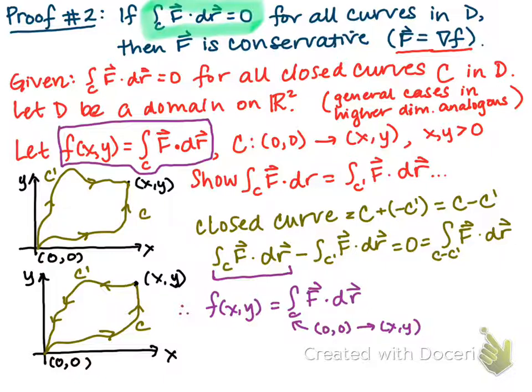Okay, now the next thing we need to prove, and I'll go over to the next page here, is that vector field F equals gradient f, to show that it is conservative. So again, we want to prove vector field F equals gradient f.